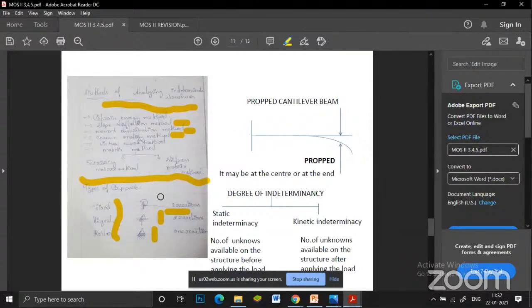Then types of support. Then we have seen the static indeterminacy and kinetic indeterminacy. What is static and what is kinetic? We already know the number of unknown forces available before applying the load, and after applying the load. Then types of support, only three: fixed, hinged, roller. And I have already told you the reactions: moment, horizontal, vertical for fixed; only horizontal and vertical for hinged; roller only vertical.